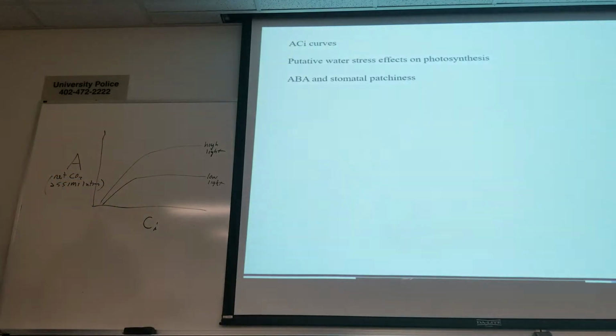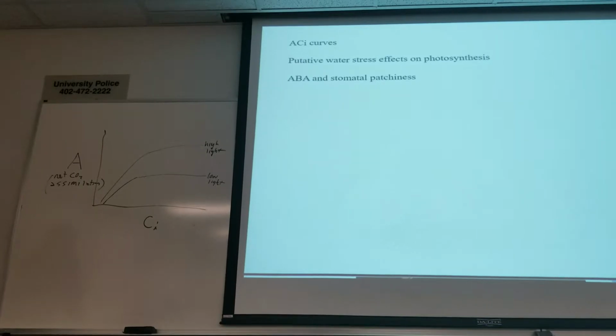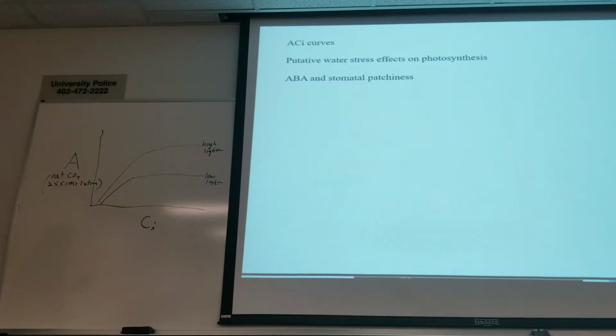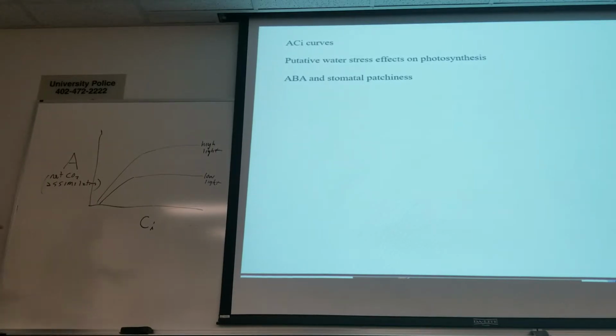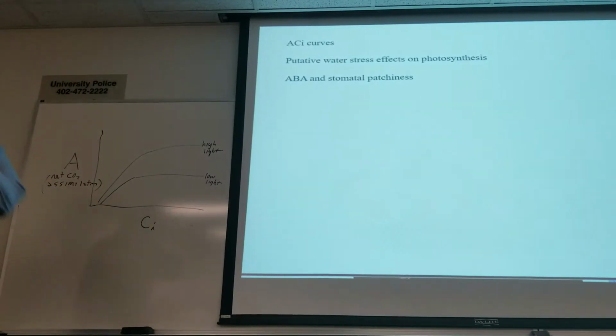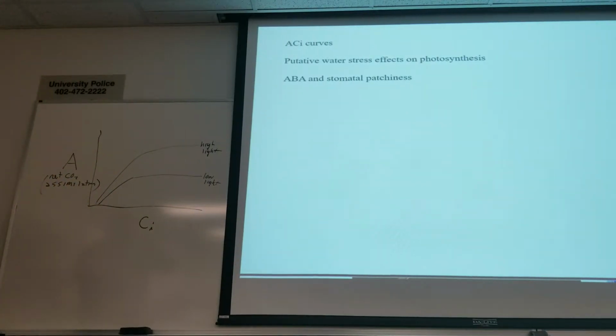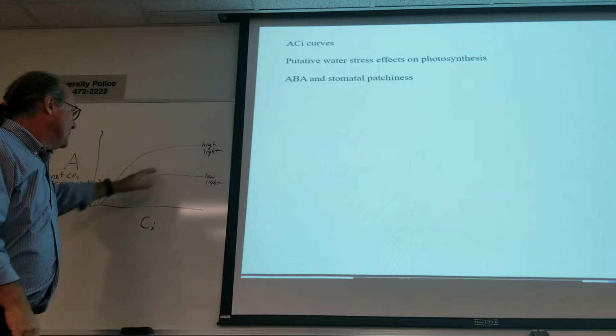which is the argument that light has an effect on the process of photosynthesis itself, independent of its effect on the stomata. Because here we're plotting CI. We're already past the stomata, right? We're looking at photosynthesis and CI. Stomata determine CI, but they don't have anything to do with this relationship.